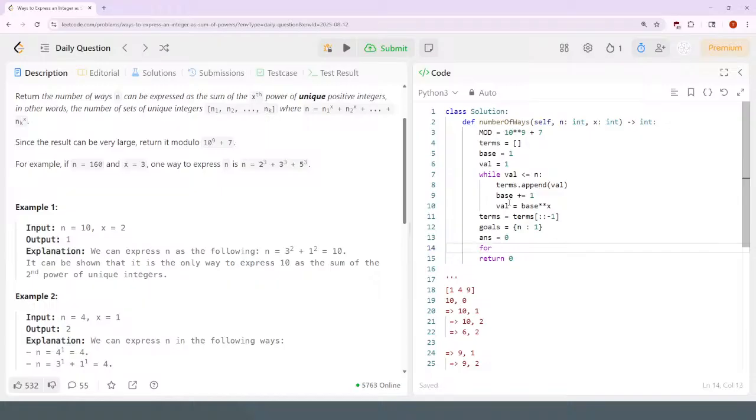Okay, so for every value in the goals, how do I iterate over dictionaries, key and value?